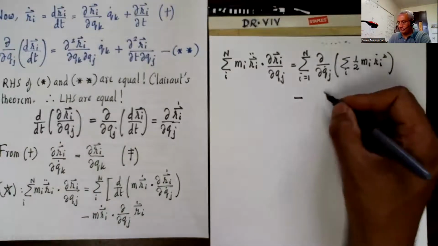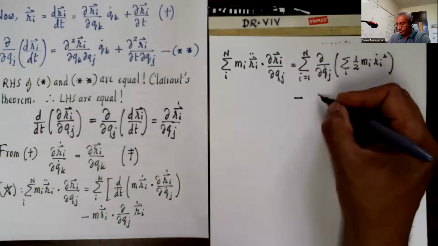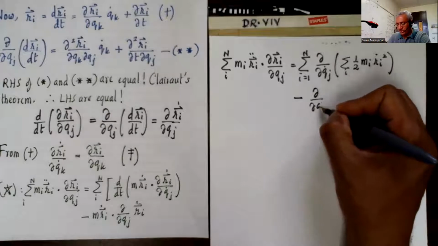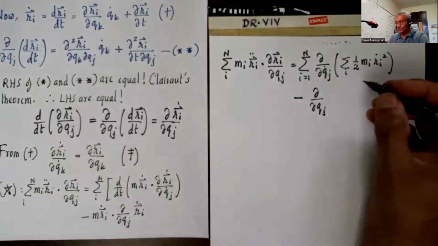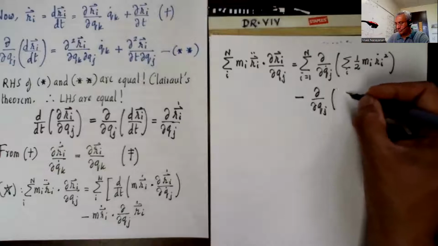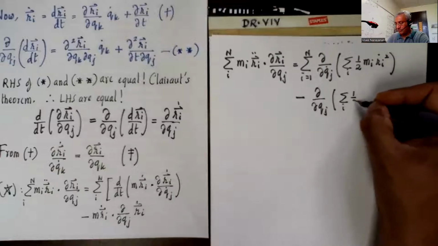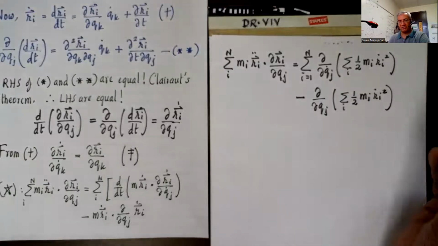Minus, the second term is going to be ∂/∂q_j, just q_j, not q_j dot, of the sum of 1/2 m_i r_i dot squared. Let's see if that makes sense.